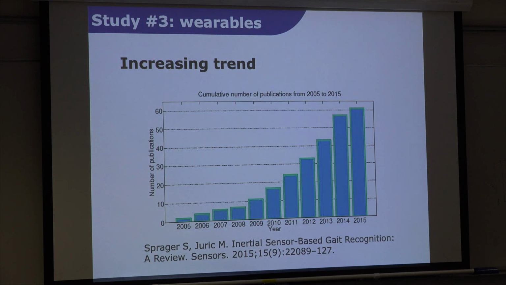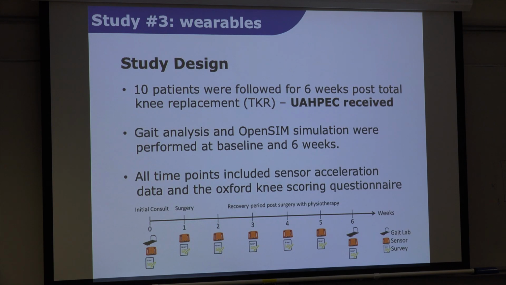This is a timely study because the number of wearables within the literature has increased exponentially since 2005. And for the study, we followed 10 people that had undergone a total knee joint replacement as they recovered from surgery, so approximately 6 weeks.